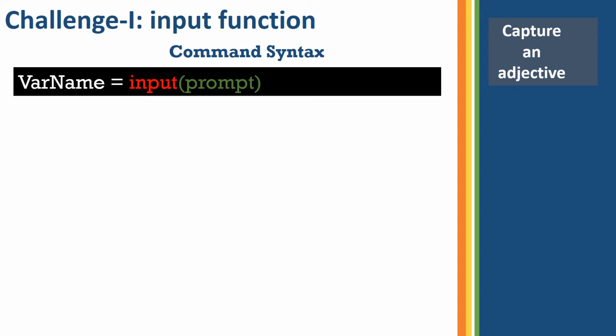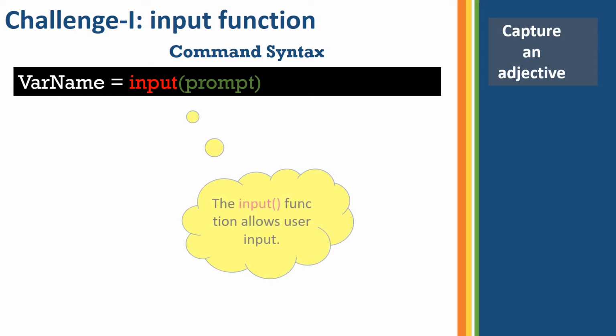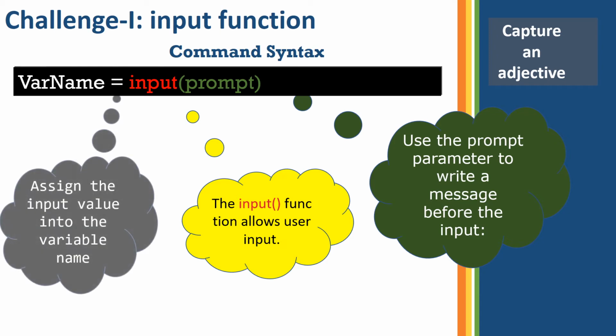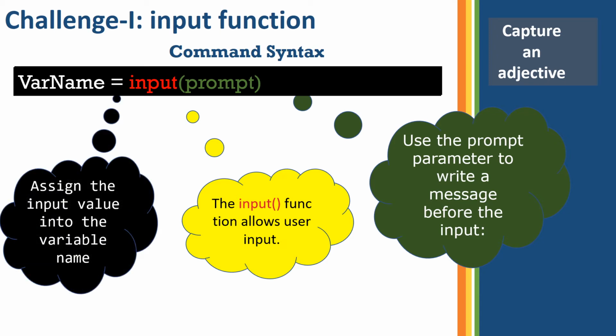Notice the command syntax of the input function, which is var_name equals input open bracket prompt close bracket. The input function allows user input. The prompt parameter is the message that will appear to the user before the input. And the variable name with equals will assign the user input value to the variable name.